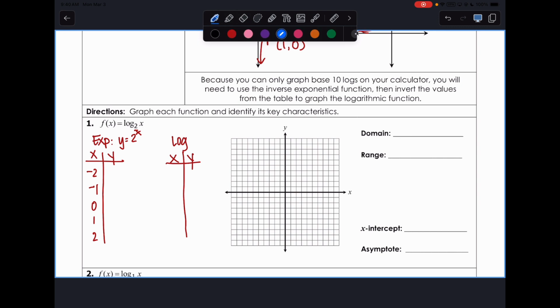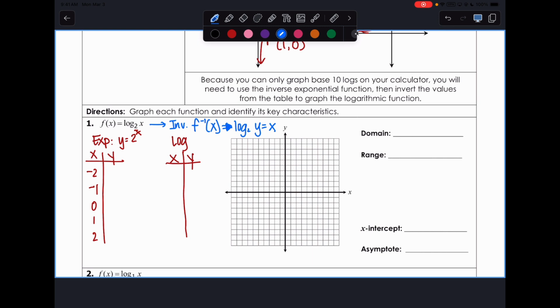We have to change to the inverse function. So the inverse function will be f to the negative first power of x equals log base 2 of y, which is supposed to equal x. Now we solve for y. Do you guys remember now? Yes?